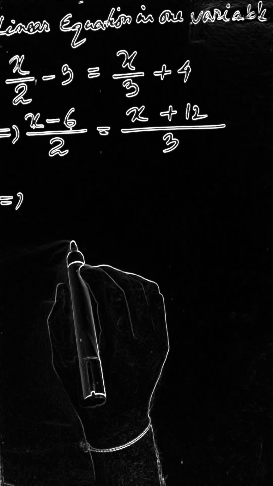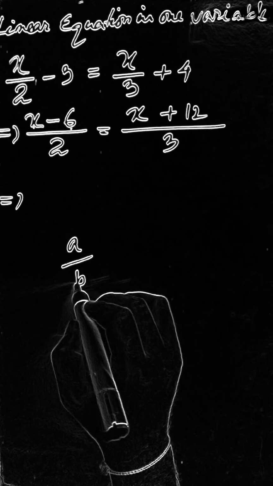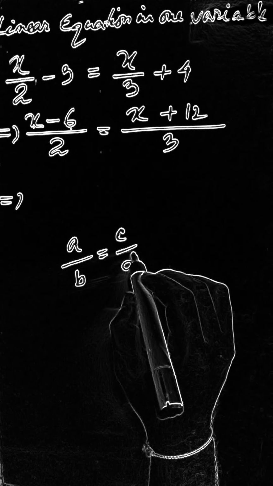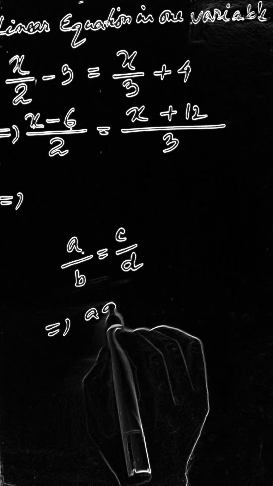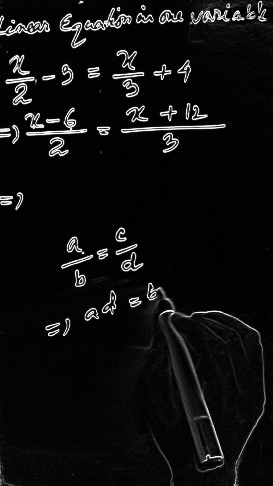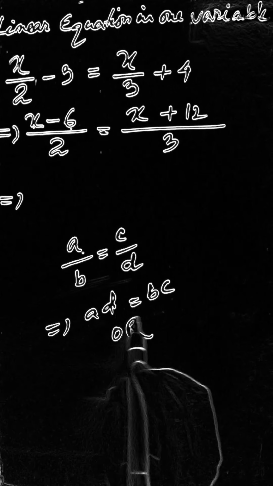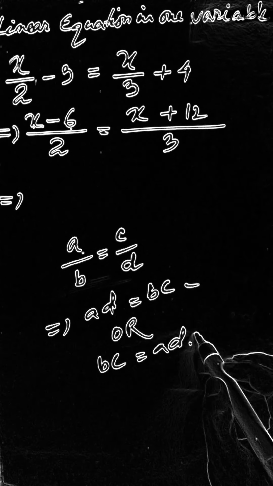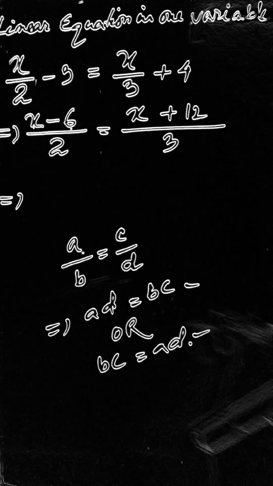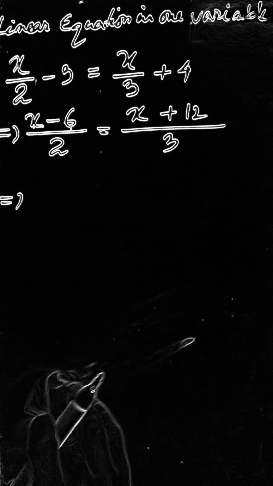I'll just show you here. If a by b equal to c by d, then it can be written as a into d, then b into c, or you can write even bc first and ad later. You can choose any one of them. There is nothing wrong in that.